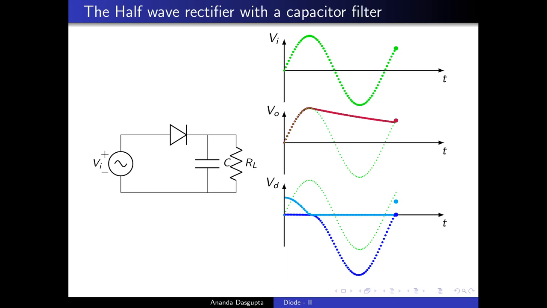And now, as the input voltage increases, the same situation will repeat, except that it will be a smaller version of the same situation, because you are not charging up the capacitor all the way from 0 to the peak value. You are charging up the capacitor from just this voltage to the peak value. And during this charging process, of course, the diode conducts again.